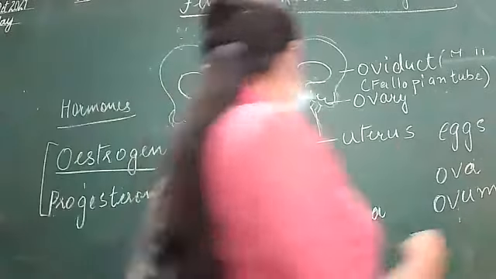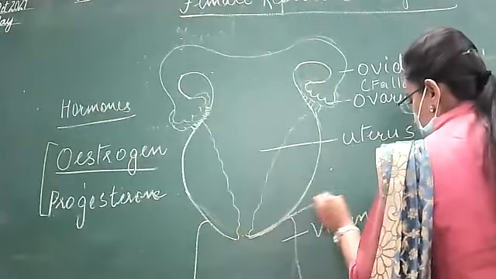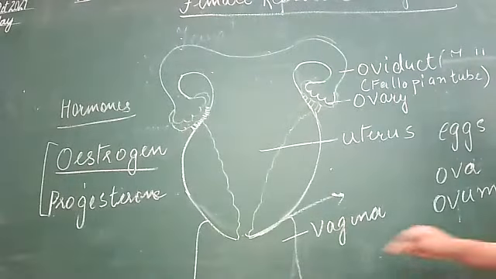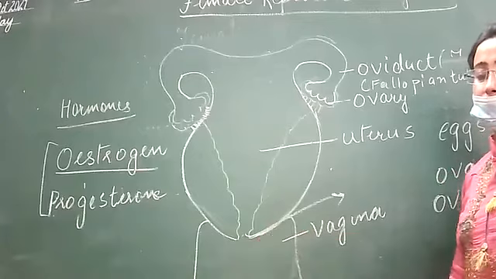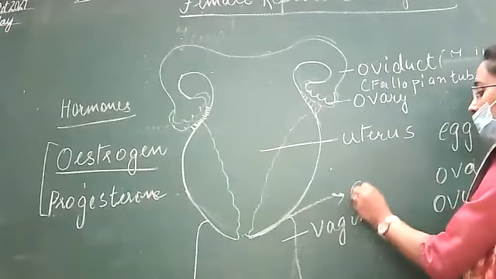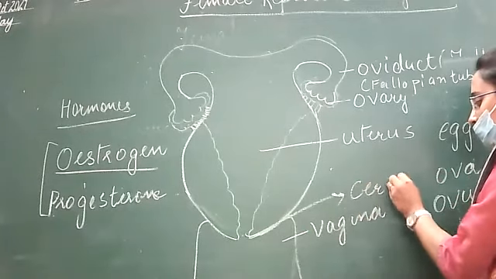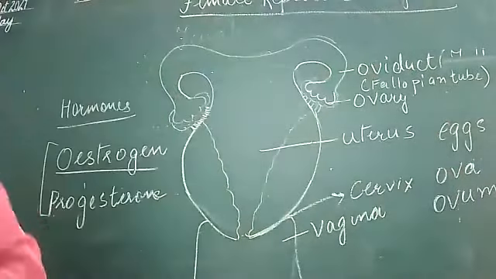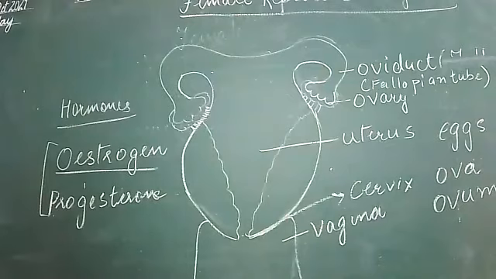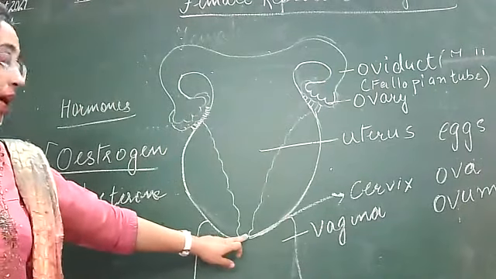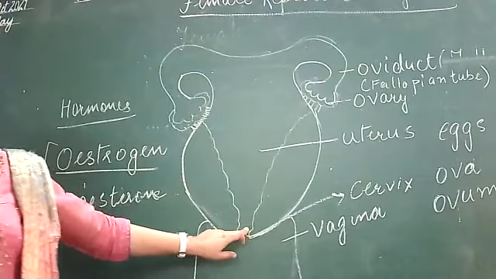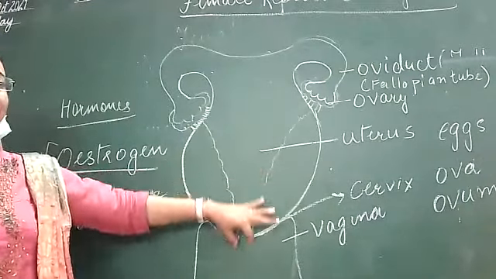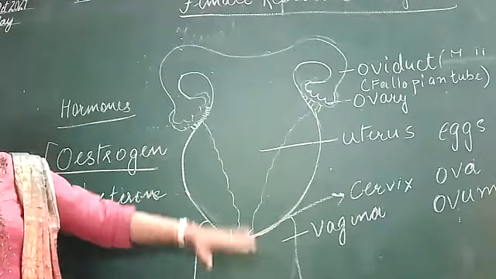Between the vagina and the uterus, this part, label this part also. This is known as the cervix. This is the long narrow end of the uterus, which becomes a canal between the uterus and vagina.